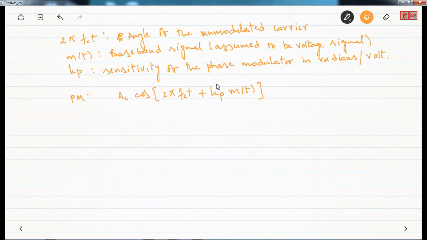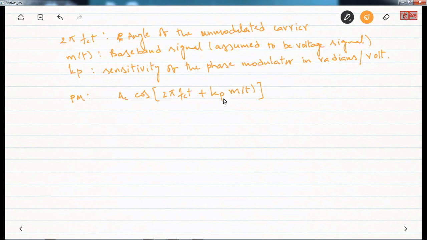So this Kp is just some constant. It tells you how much the phase should change in accordance with m of t. If Kp is a very high value, then the phase changes very abruptly, by a very high value, even if the modulating signal is only a few volts.